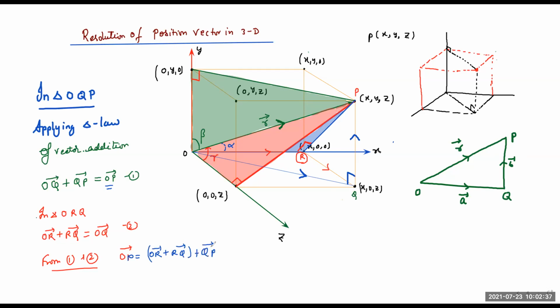Now you may be asking, sir, why have you done this? The answer is simple. I want to write the answer in terms of the vectors which are parallel to the x-axis, y-axis, or z-axis. OQ was not parallel to any of them, so I re-expressed it in terms of the vectors which are parallel to the x, y, or z-axis. Now, if you look carefully, what is OR?